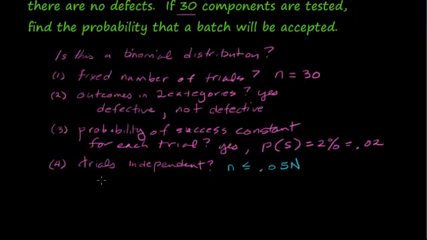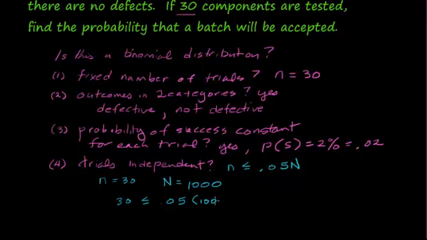We know our sample size is 30, and the population is 1,000 in each batch. So is 30 less than or equal to 0.05 times 1,000? Well, 30 is less than 50.